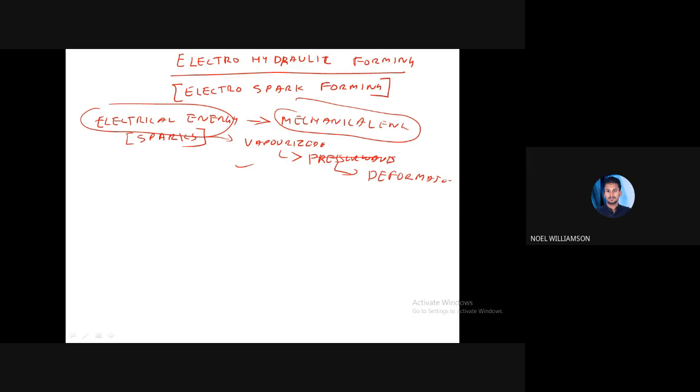Now, in the case of EDM and so on, we have seen how the sparks are generated. We have some circuits associated with the mechanism. In that circuit, there will be a capacitor, and using this capacitor we store the energy, and later we discharge the energy using the capacitor or the capacitor bank at the time of demand.